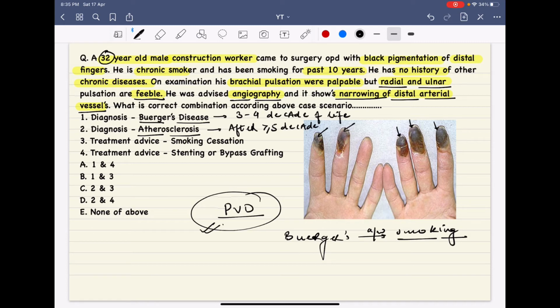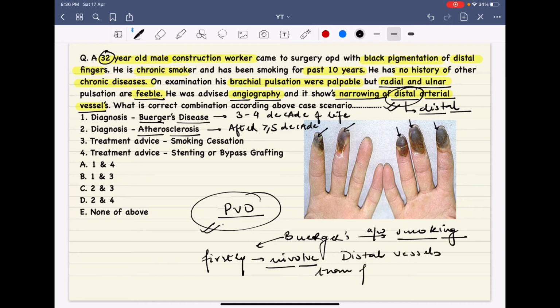So in the investigation they have written narrowing of distal vessels. Another hint comes from here, distal vessels. Now you all know that Buerger's firstly involves distal vessels and then progresses to proximal vessels.